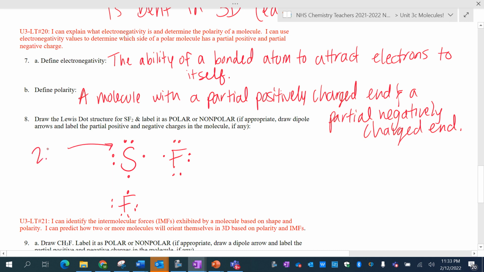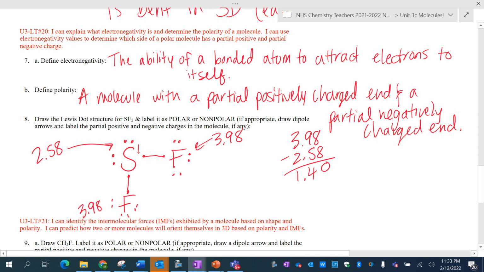Sulfur is 2.58, I believe. Fluorine, sorry, I should have connected these, is 3.98. So 3.98 minus 2.58, 1.40.